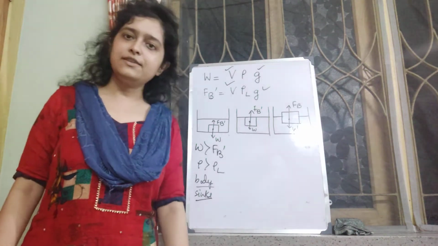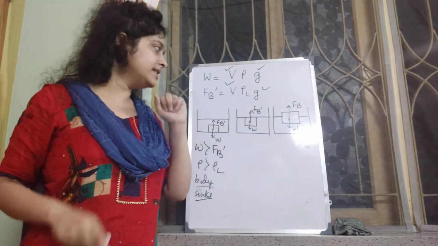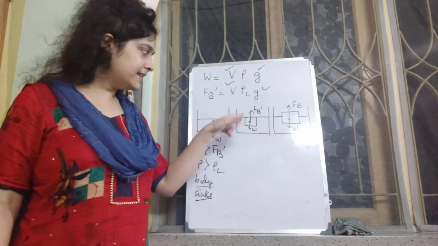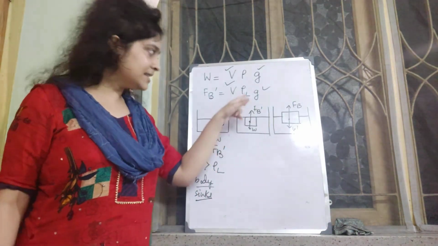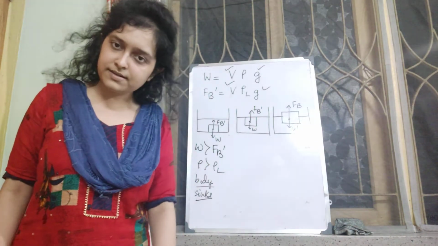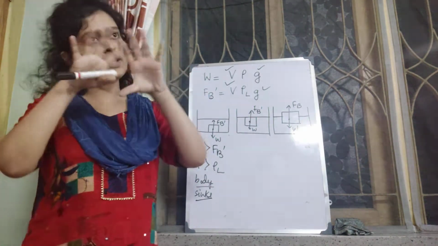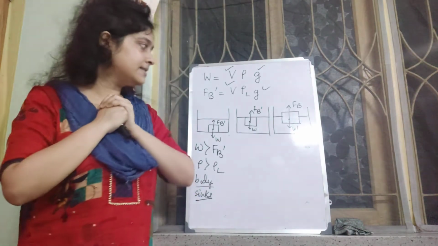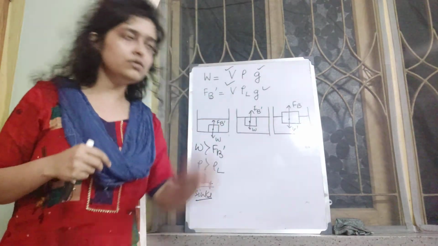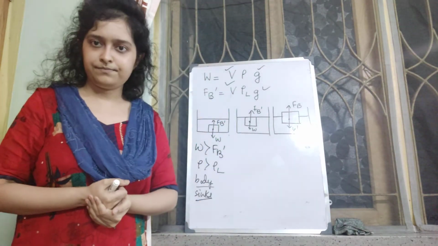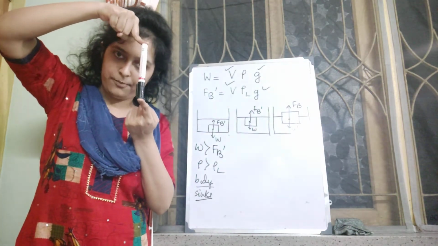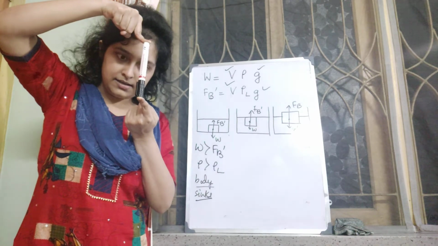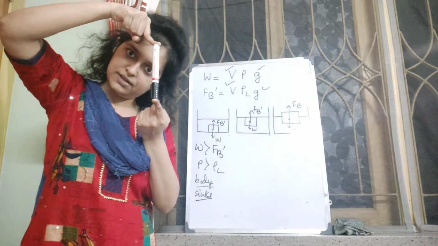Now, when you have completely immersed the solid inside the liquid like this, weight is acting downwards, maximum upthrust is acting upwards, and you find that the solid is floating in that condition. That means the solid is neither moving down nor moving up. If the two forces acting downward and upward are equal, then it will remain in this condition.